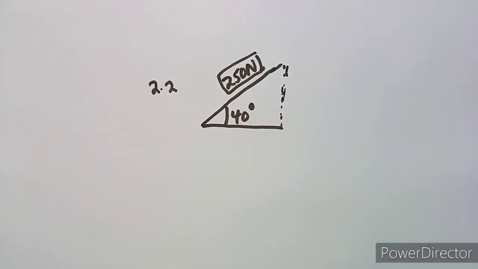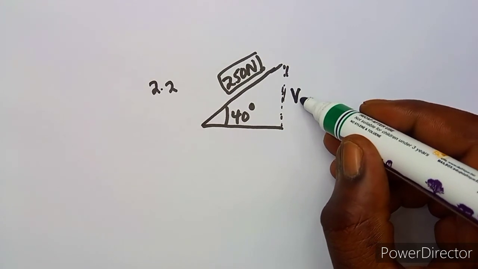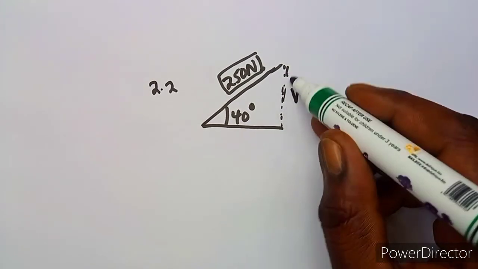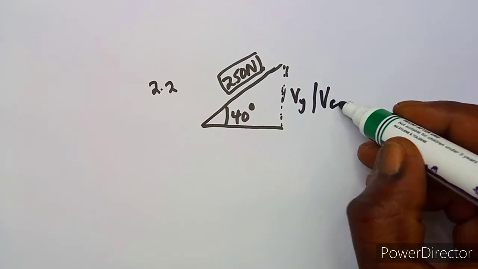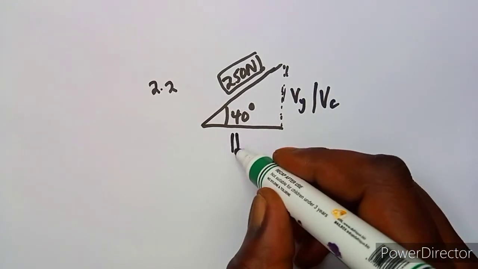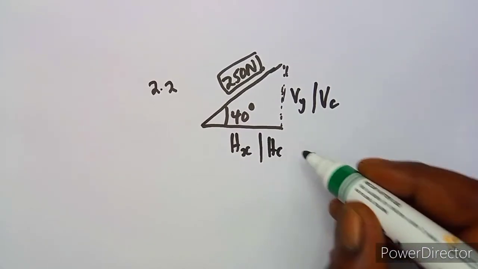That's your vertical component. So you have the vertical component, and you also have the horizontal component. Okay, so this is VC, or you can just write it as Y because it's according to the Y-axis. Someone can write it as VY or VC. And this is your horizontal component, which can be HX or HC.